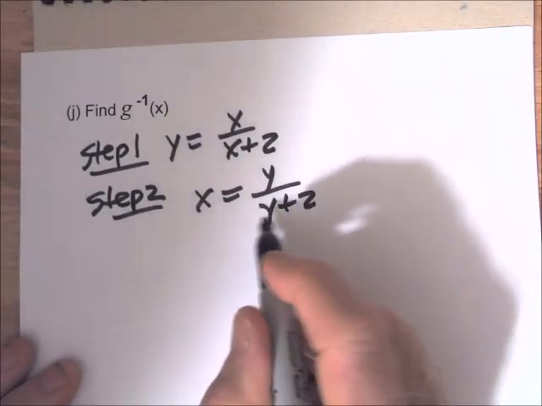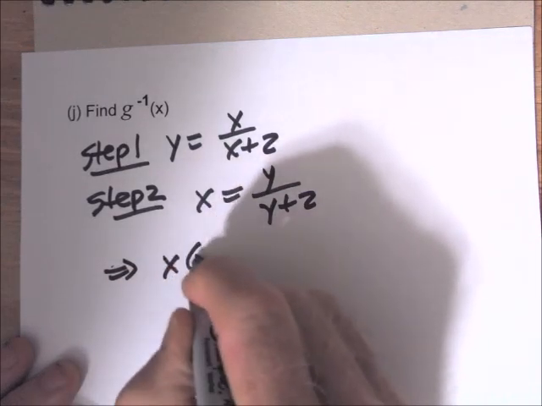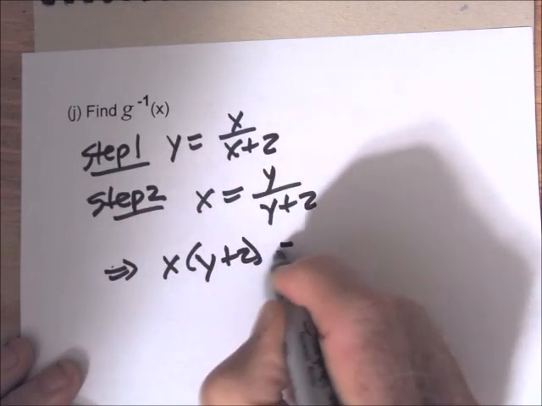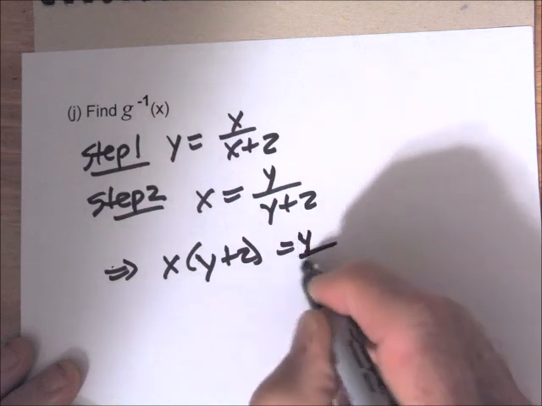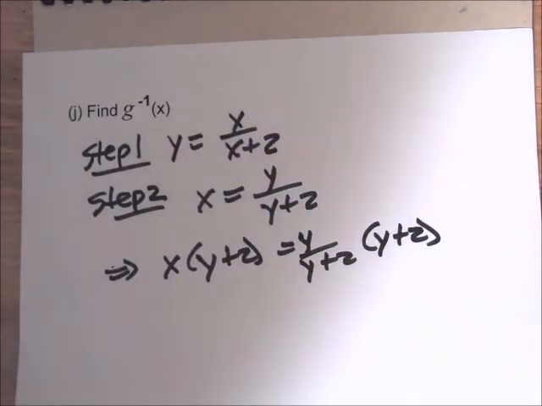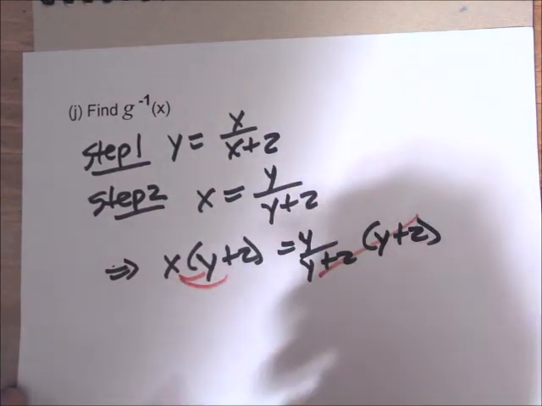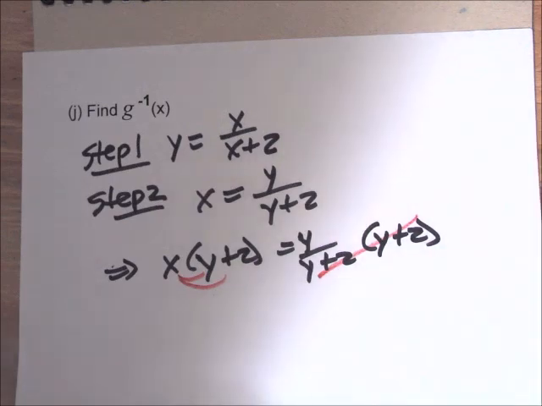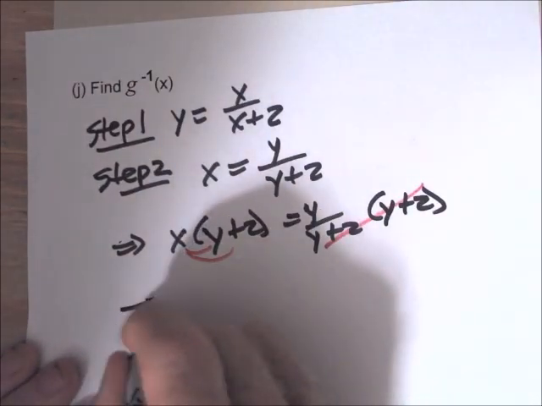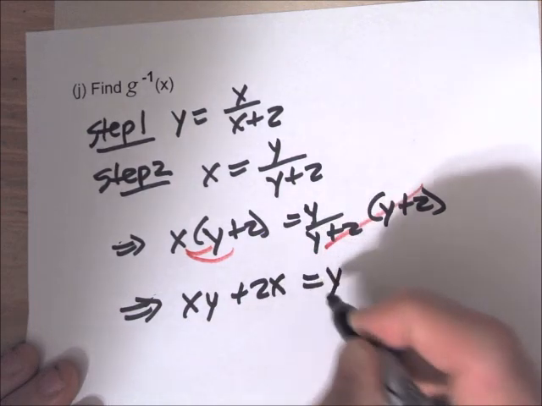Multiply both sides by y plus 2 to get y out of the denominator. On the right side, the y plus 2's will cancel, and the left side will distribute, and it'll give us xy plus 2x is equal to y.